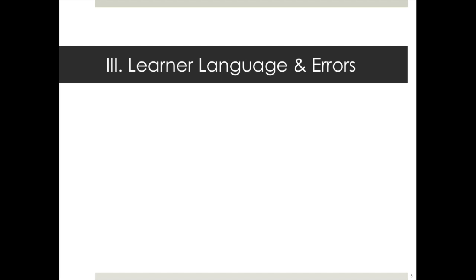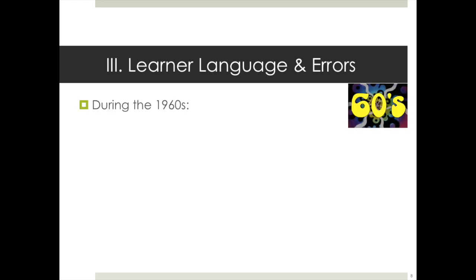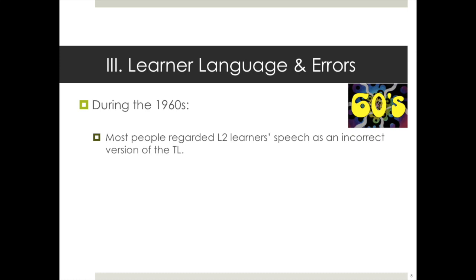If we go back in history, and some of the things I'm going to talk about now we have already mentioned before, during the 1960s, most people regarded L2 learners' speech as something imperfect, something incorrect, a flawed version of the target language.